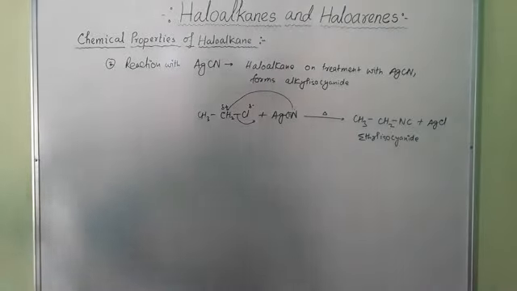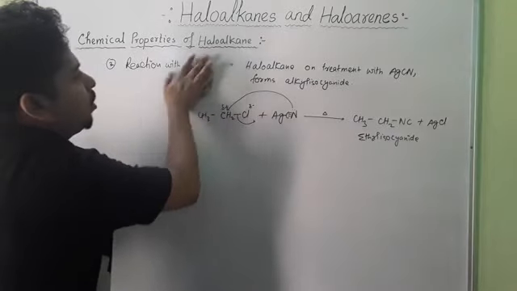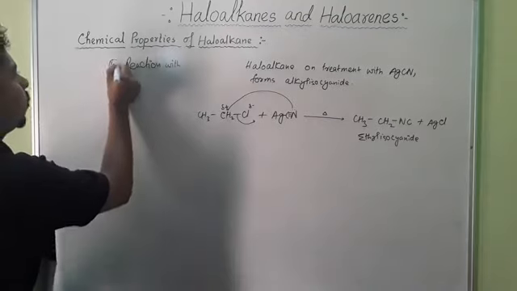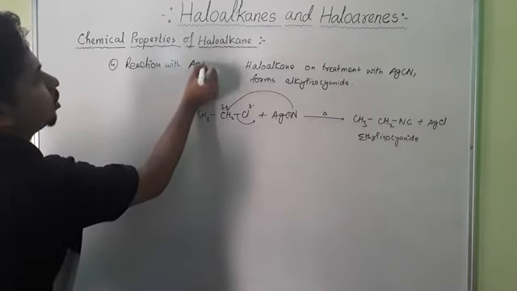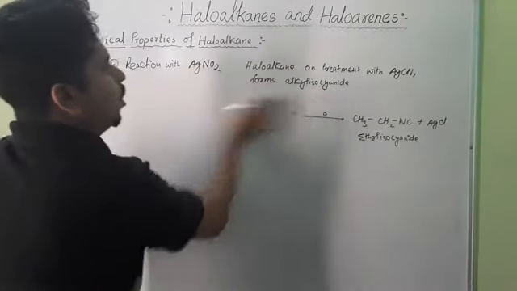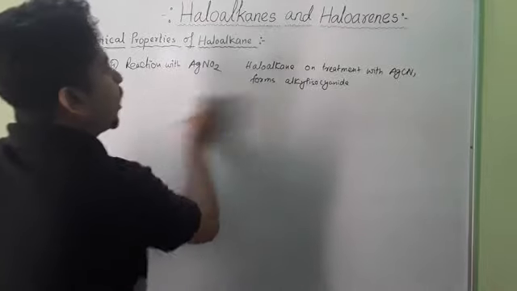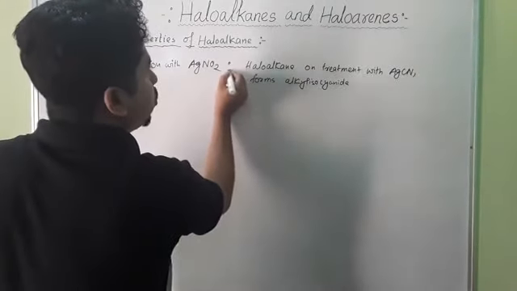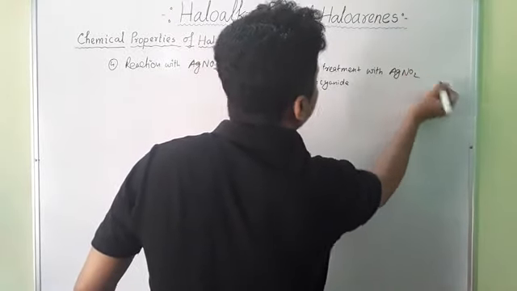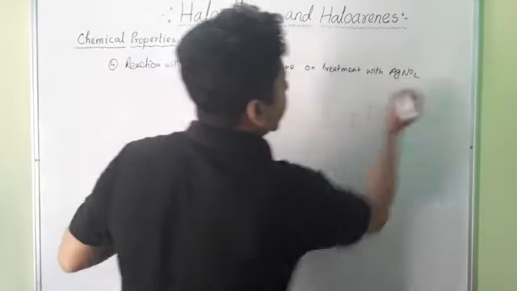Next is the reaction with AgNO2. Haloalkanes on treatment with AgNO2, silver nitrite, produce nitroalkane.